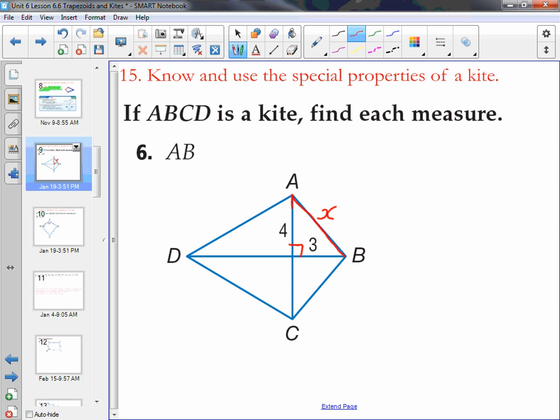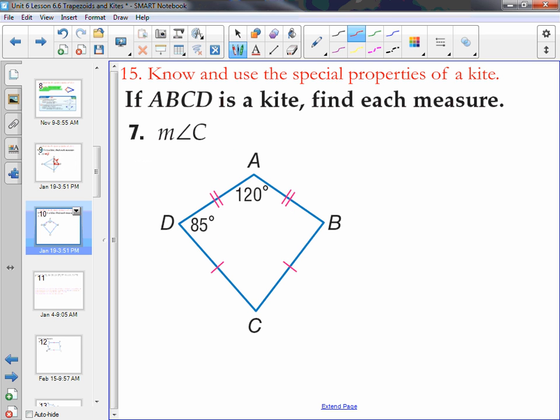So doesn't that make this a right triangle? And we can use the Pythagorean theorem. In fact, this is a Pythagorean triple. 3, 4, 5. You can work it out with the Pythagorean theorem, but you'll get 5. That was easy. Maybe they're all going to be easy.